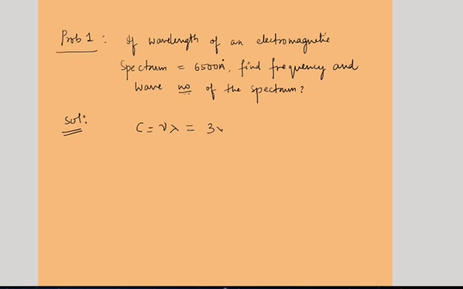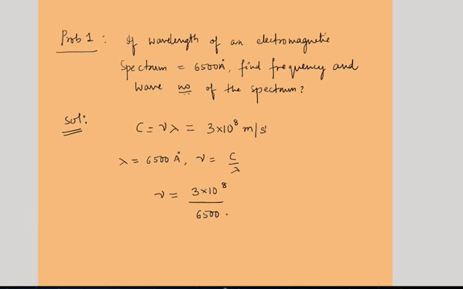And we know the value of c, which is always constant, 3 into 10 raised to power 8 meters per second. So how do we solve this now? Lambda is given as 6500 Angstroms, and frequency will be equal to c by lambda. So frequency nu will be equal to c, which is 3 into 10 raised to power 8, divided by 6500.